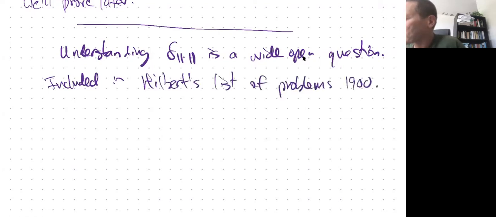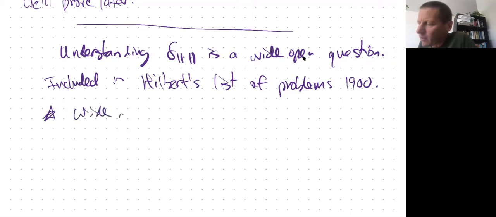He didn't state it in exactly the form in which we understand it today, but some special cases are asked about there. Basically, how do you pack balls, Euclidean balls, efficiently in n dimensions? And so it's wide open for any norm. It's also wide open in particular for L2 balls.